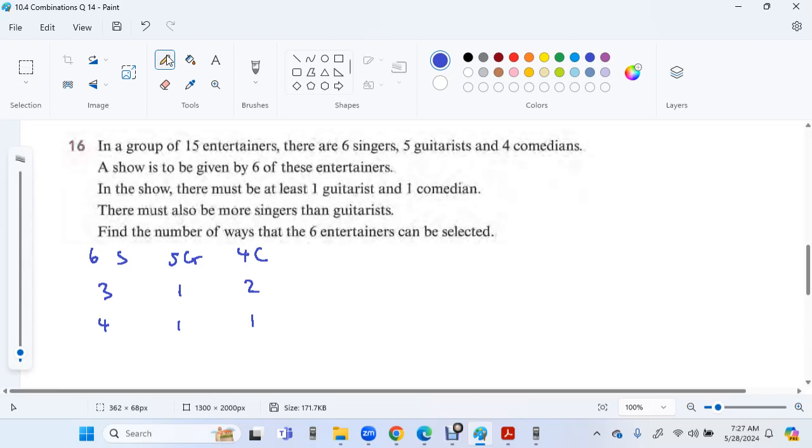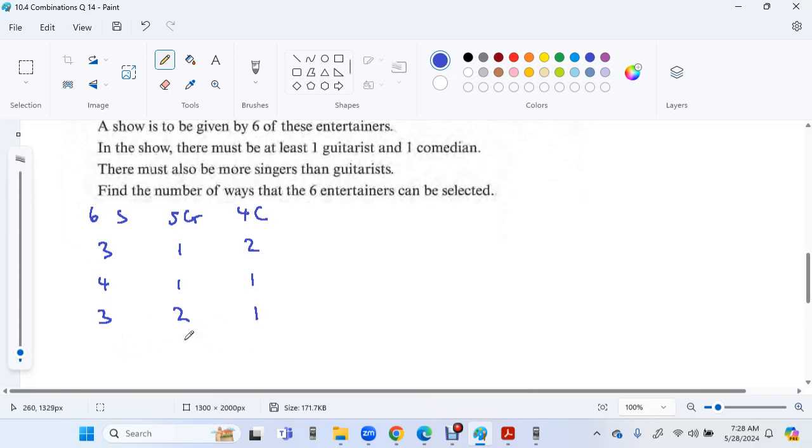Then we can have 2 guitarists and 1 comedian. Then we have 3 singers here. And then we have 2 guitarists, 2 comedians.